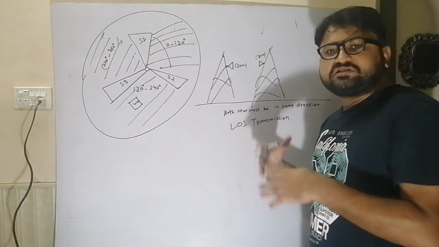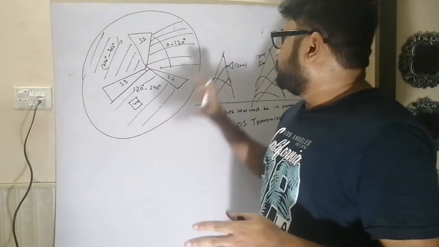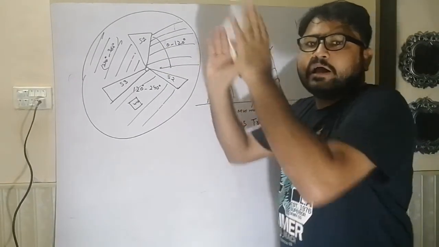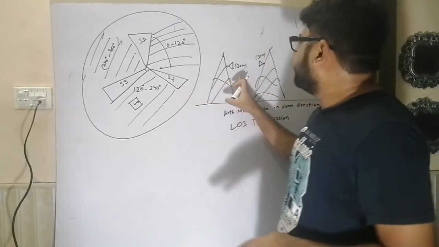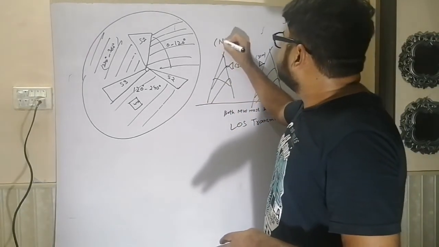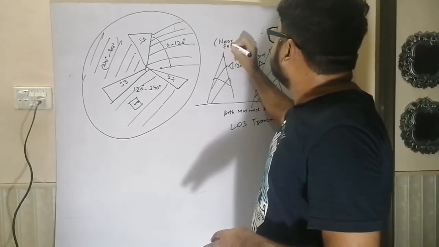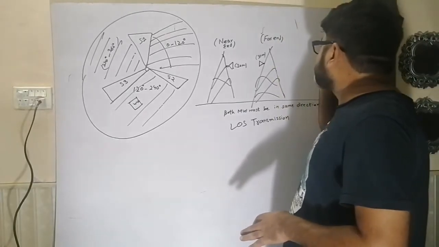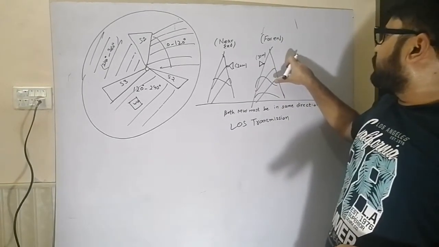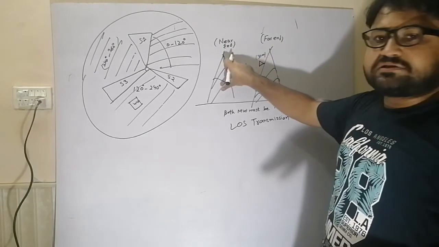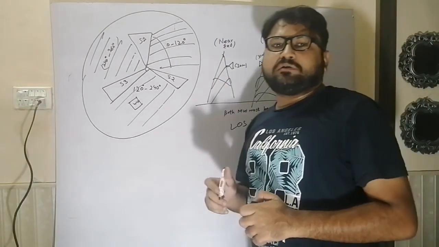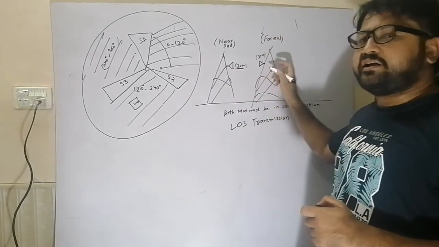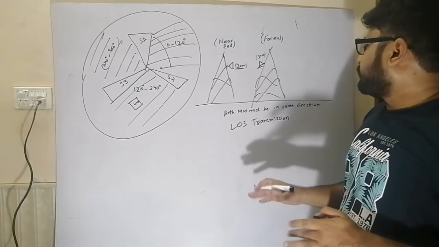So whenever you go to the site, after checking the RF antenna, you check this microwave antenna, what exactly the height of the microwave antenna is. If you are at the near end and the next one is the far end, first when you take the picture of the microwave to check its height, it's 30 meter. For the next height, it must also be 30 meter to provide the best coverage.